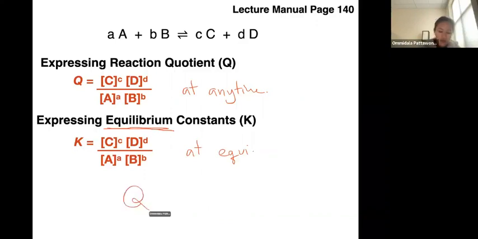If you calculate Q and the value of Q comes out equal to K, we can conclude that at that point, this condition of the reaction is already at equilibrium. When Q is not equal to K, this condition of the reaction has not reached equilibrium yet. That's the difference between Q and K.